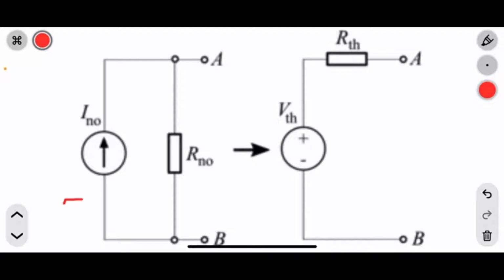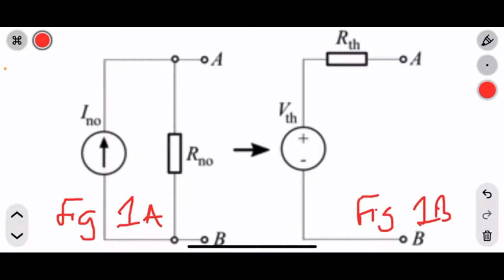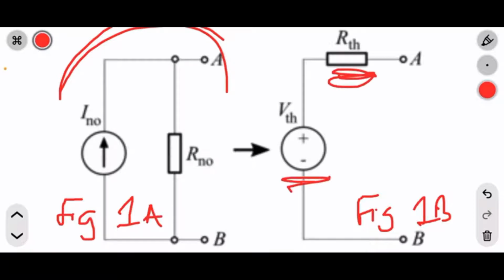So let's look at this. We have figure, let's call this 1a, and let's call this figure 1b. The idea of Thevenin's theorem is to convert the question we have been given, which is this part, to this. This is the Thevenin's resistance, and this is the Thevenin's voltage.